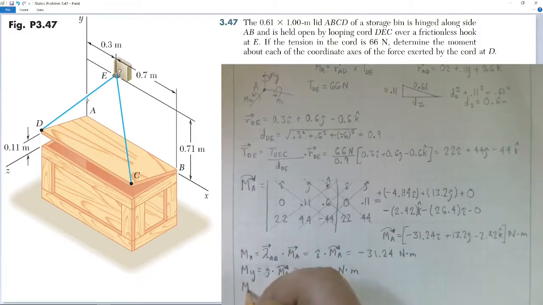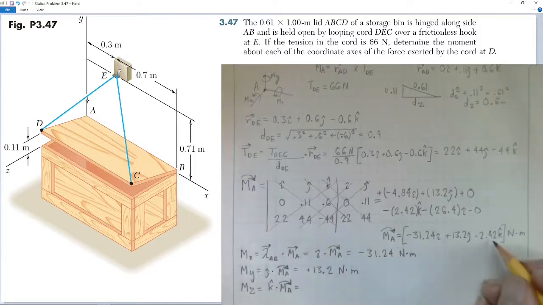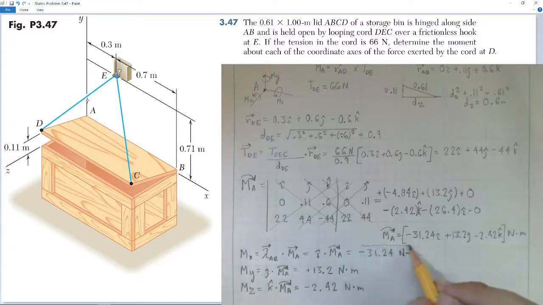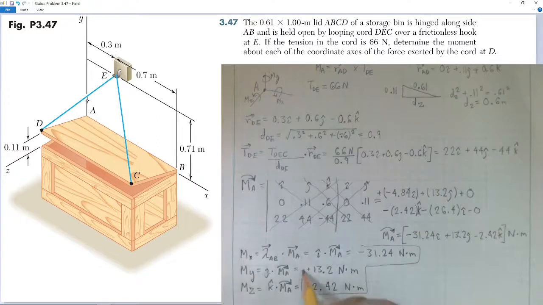And then finally, for the z-axis, it would be the k hat component dotted with the moment about A. And this would give the k hat value of negative 2.42 newton meters. So our three answers are, about the x would be negative 31.24, positive 13.2 for y, and negative 2.42 for the z-axis for those moments.